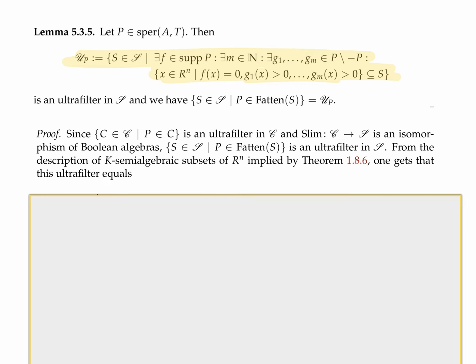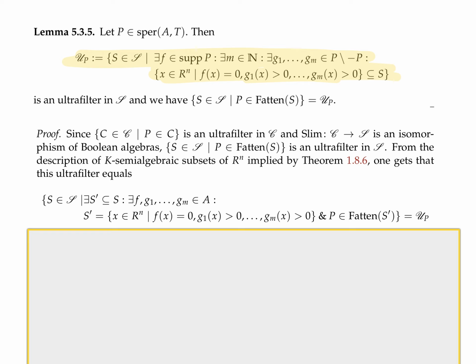One gets that this ultrafilter, so I'm speaking about this ultrafilter here, equals the set of all S in the algebra such that P is... what I did here is just something very complicated. I use that S is a finite union of such sets.